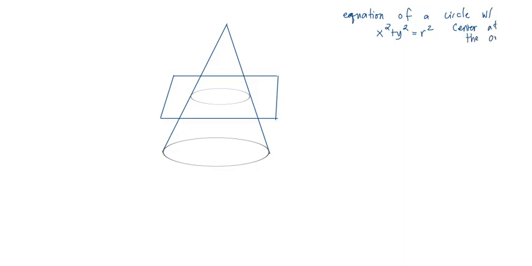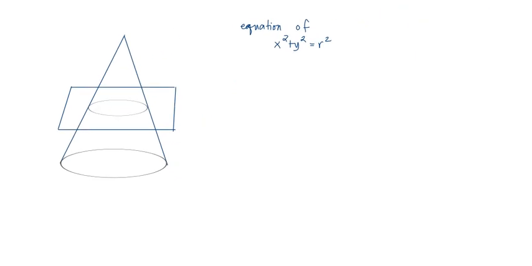Okay, let me properly write that down. Equation of a circle, its center at the origin. So why is it called a circle with center at the origin?